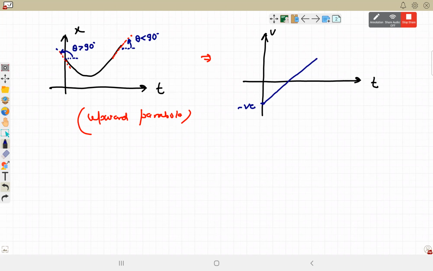So this is an upward parabola, positive slope line, which means the line will make an angle less than 90.